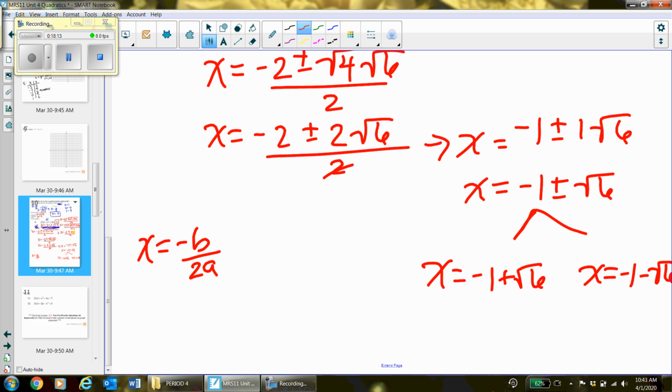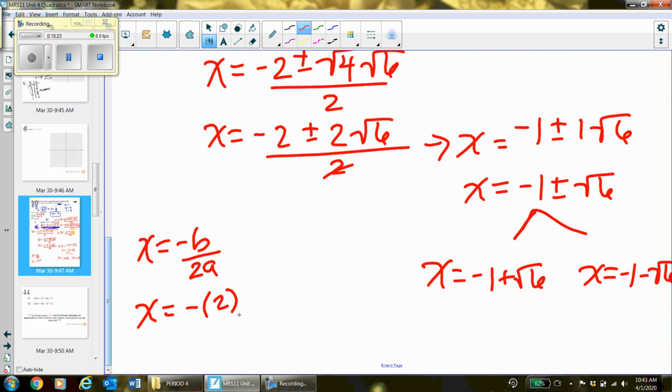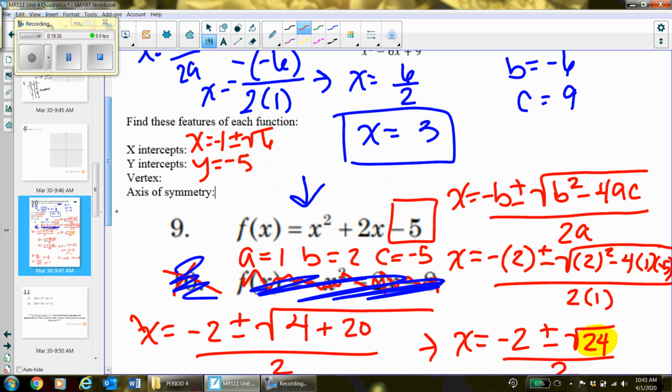Our b was a positive 2, so x equals -2, and our a was 1, correct? Yes. Over 2 times 1. So x equals -2 over 2, which means x equals -1. For our axis of symmetry, x equals -1.